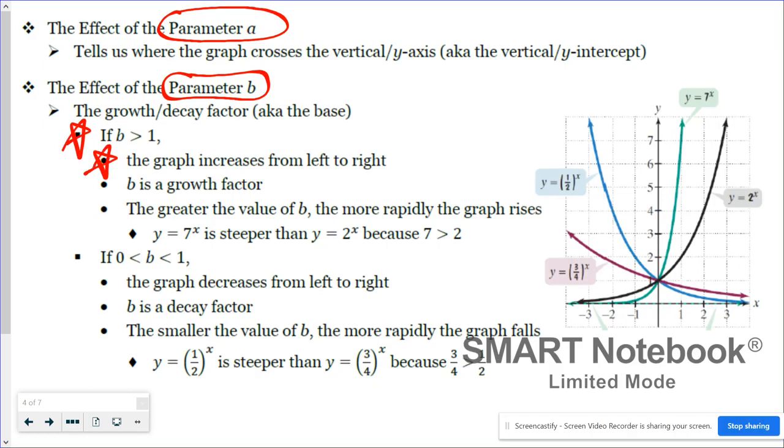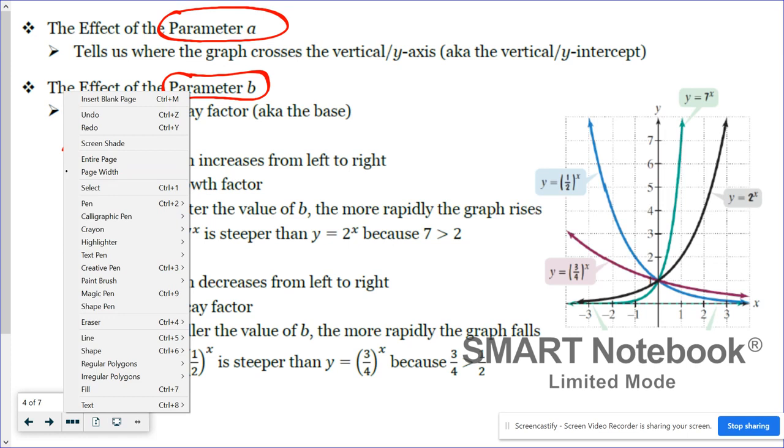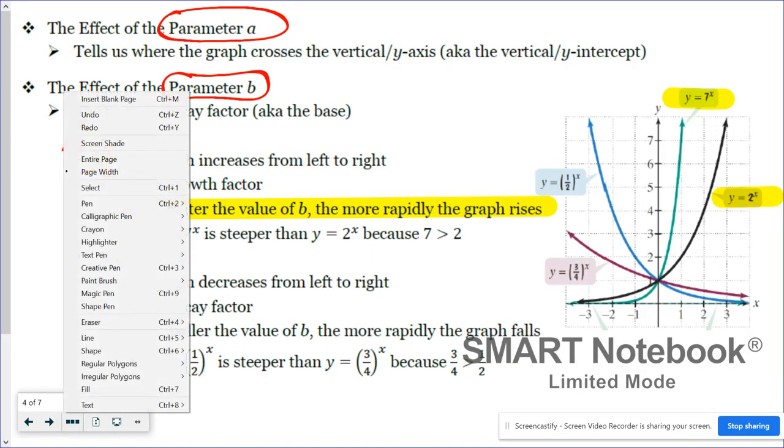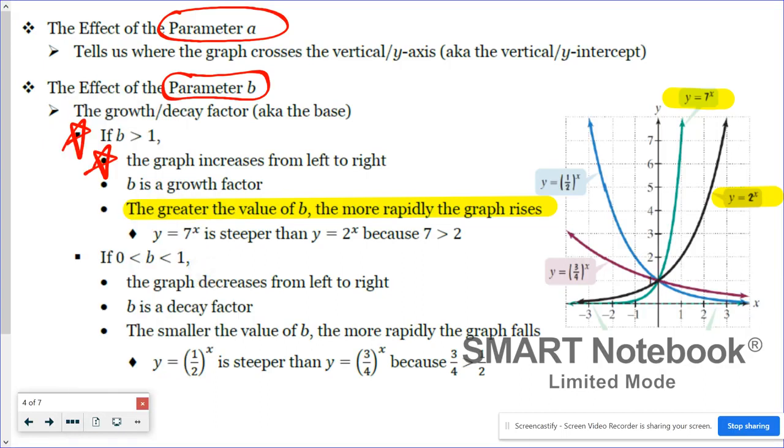Now, when it comes to the value of b, the greater the value of b, the steeper the graph. Notice over here, you have y equals 7 to the x power and y equals 2 to the x power, and the 7 to the x power graph is steeper. It's steeper because 7 is greater than 2.